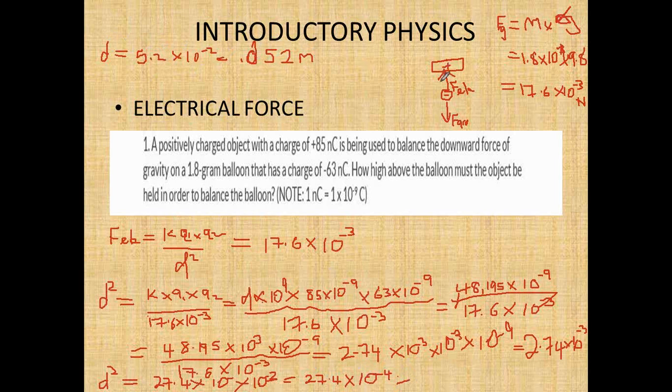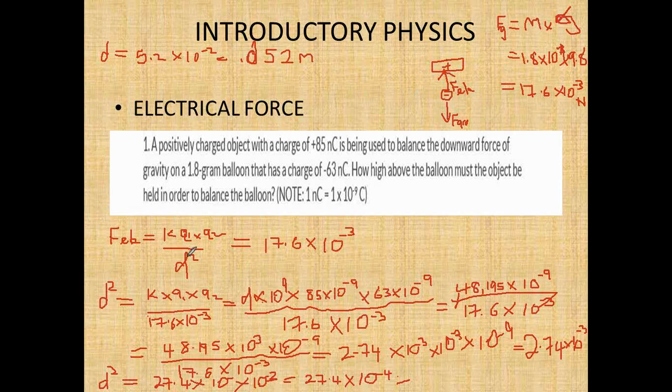So the balloon, this positively charged object, has to be held 0.052 meters above the balloon for the balloon to remain stationary in equilibrium. The concept is that the electrical force is going to balance the force due to gravity.